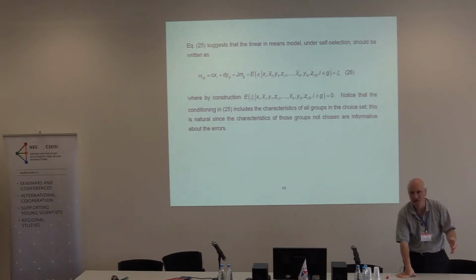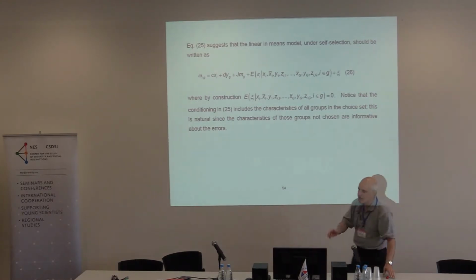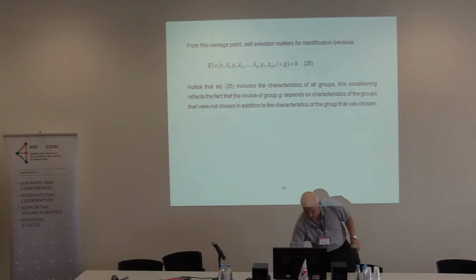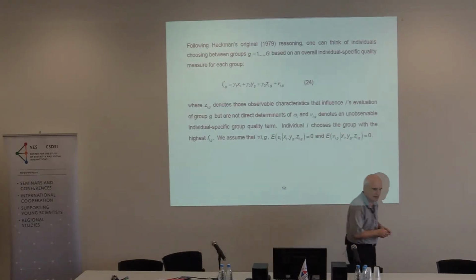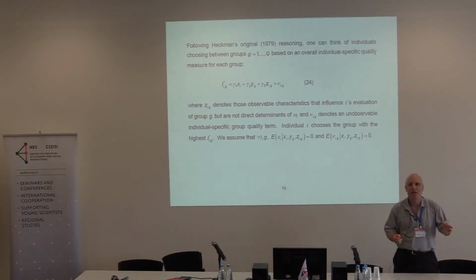Okay, that's the so-called control function approach, and that's the Heckman selection correction. Have people seen control functions, selection corrections before? The logic is going to be very, very straightforward here.